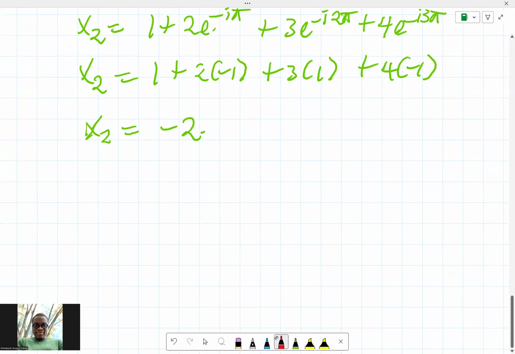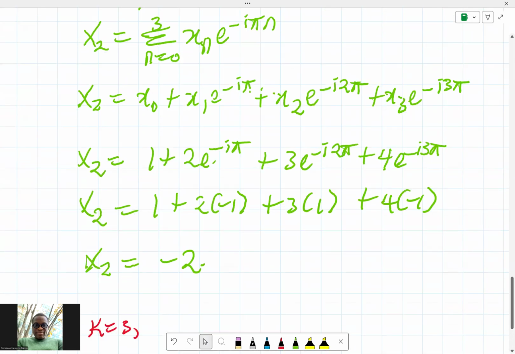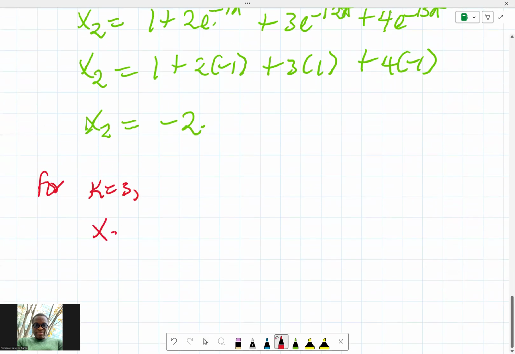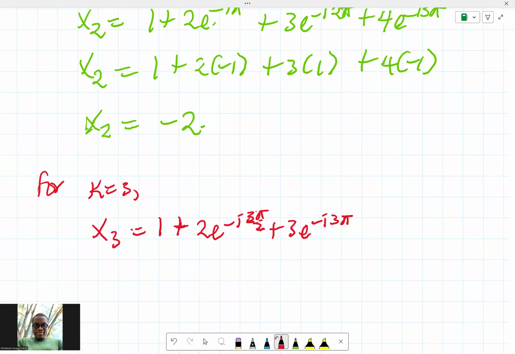So for the last one, I won't go all that long. For k now equals 3, I just go straight. It means our x3, I'll give the last line and the final result. Our x3 will just be 1 plus 2 e raised power minus 3 pi over 2 plus 3 e raised power minus i 3 pi, plus 4 e raised power minus i 9 pi over 2.